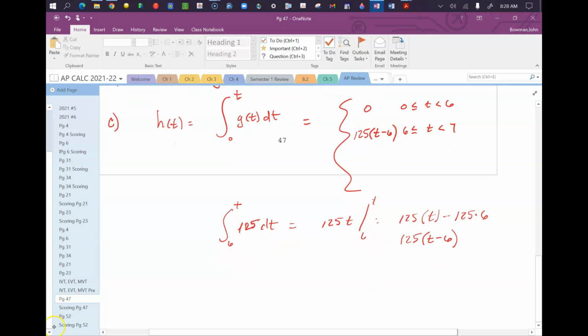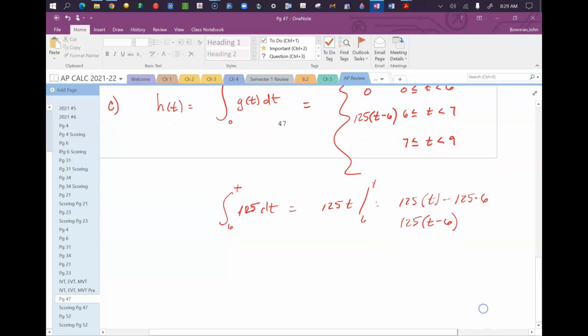All right. For the next part of this piecewise function, from 7 to 9 a.m., this gets a little bit more complicated, but you just have to think about it carefully. So h of t is going to be equal to the integral from 7 to t of g of t dt plus the amount of snow that was present at time 7, which we would call h of 7.